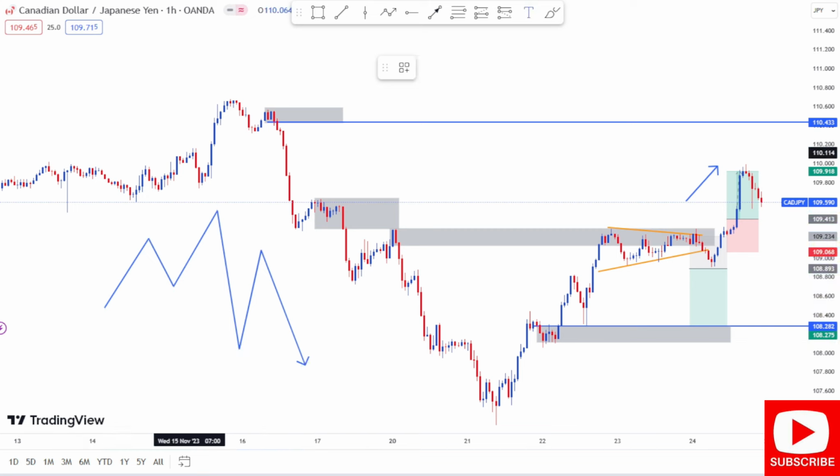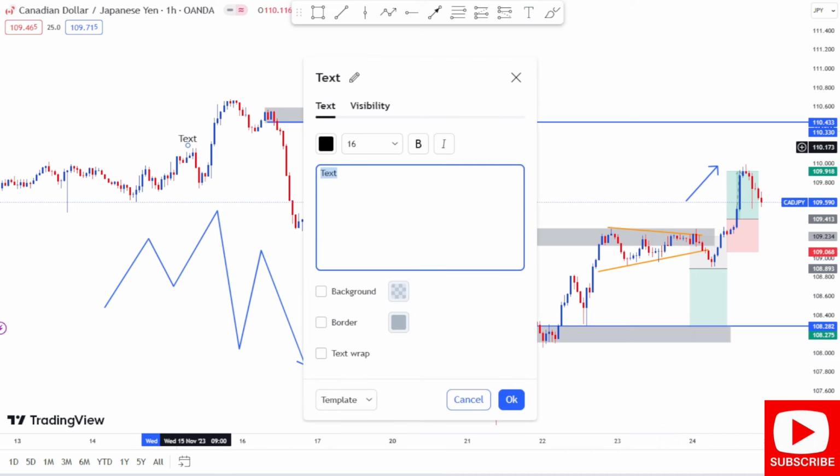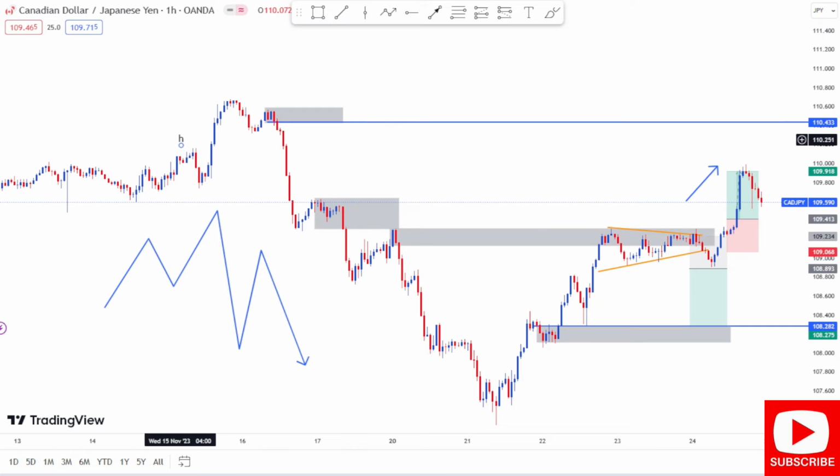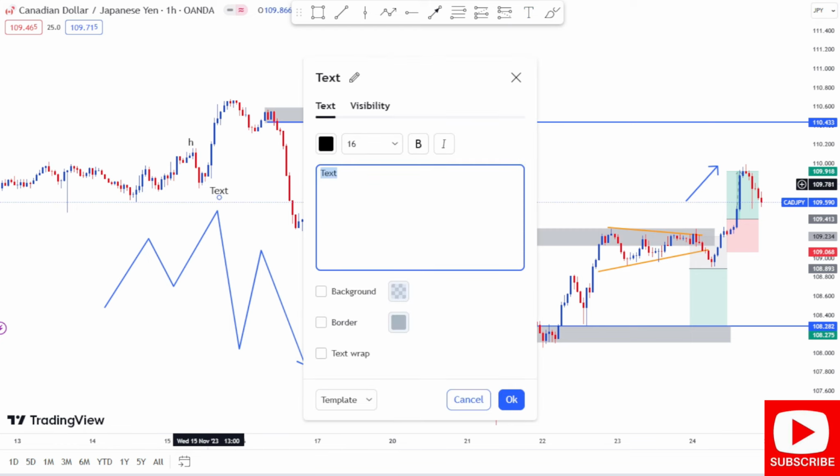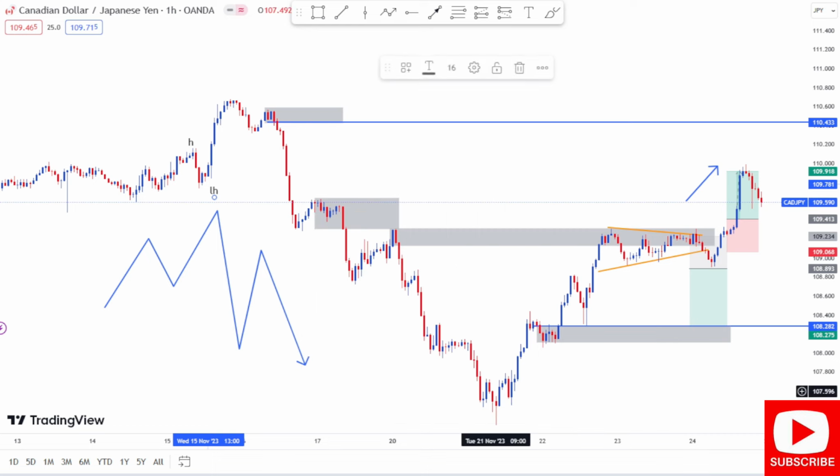We can see this is a high, here we have a high, and we have a lower high at this bottom.